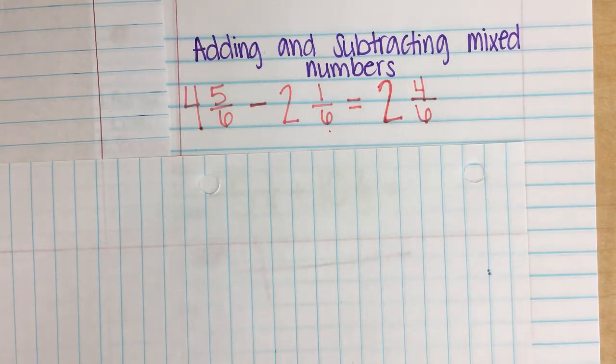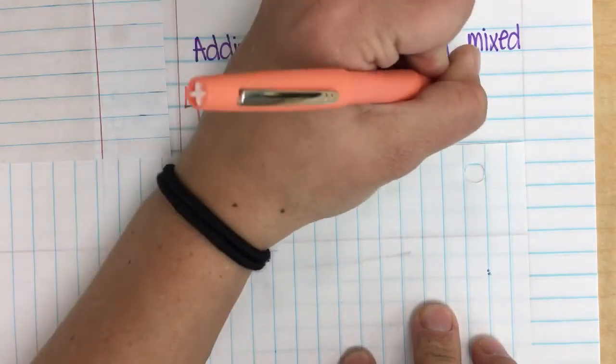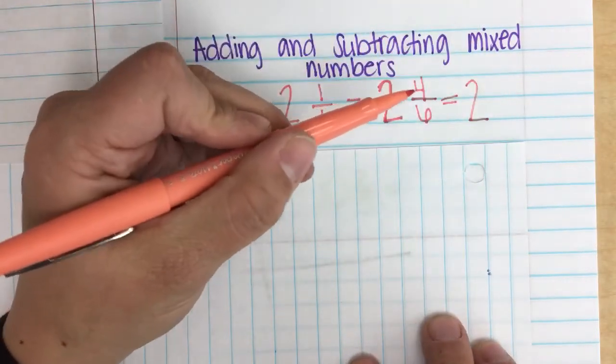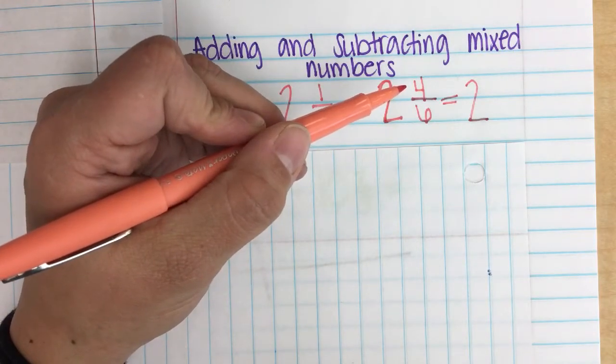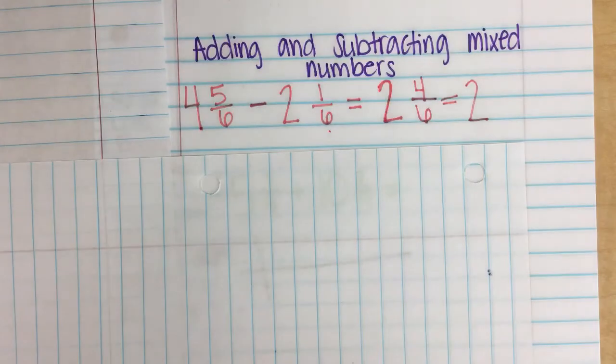I have to take my fraction and reduce it down to the simplest form where the factors of both my numerator and denominator, the only one they have in common is 1. So I'm going to look and see what can I divide into both my numerator and denominator that will go in evenly for both of them.